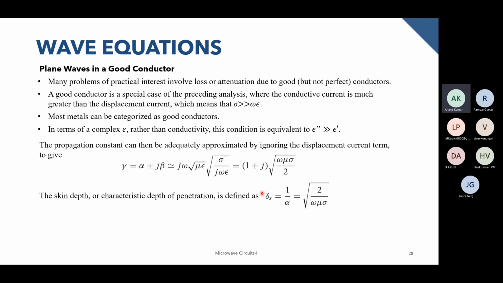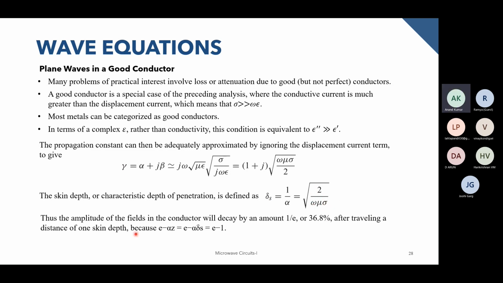Substituting this value, we get the skin depth as root under 2 by omega mu sigma.